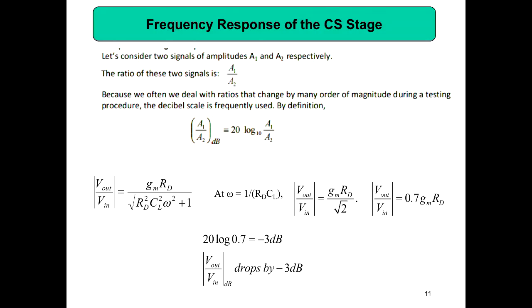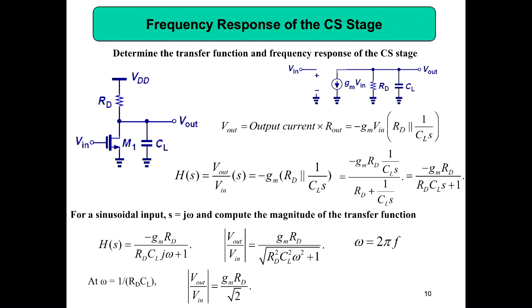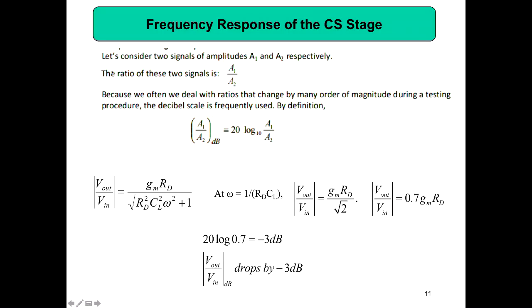Then, why are we using log? Most of the time, when you derive the frequency response and plot it, we use a logarithmic scale. In general, why do we use a logarithmic scale? There is an advantage. Let us consider two amplitudes A1 and A2.